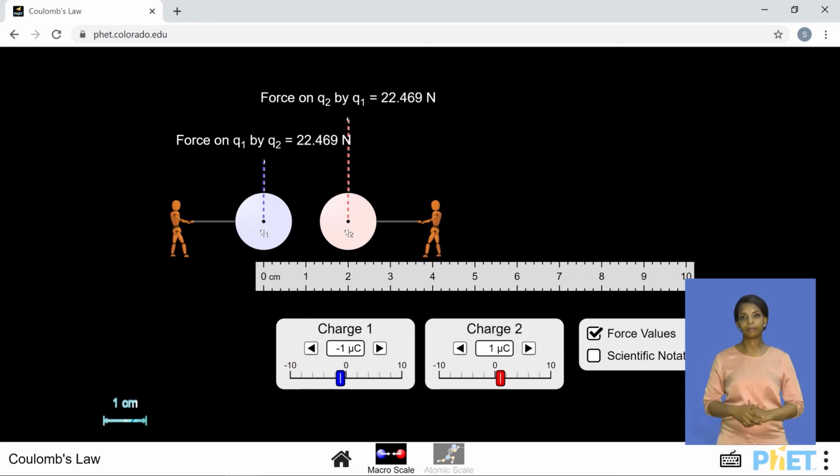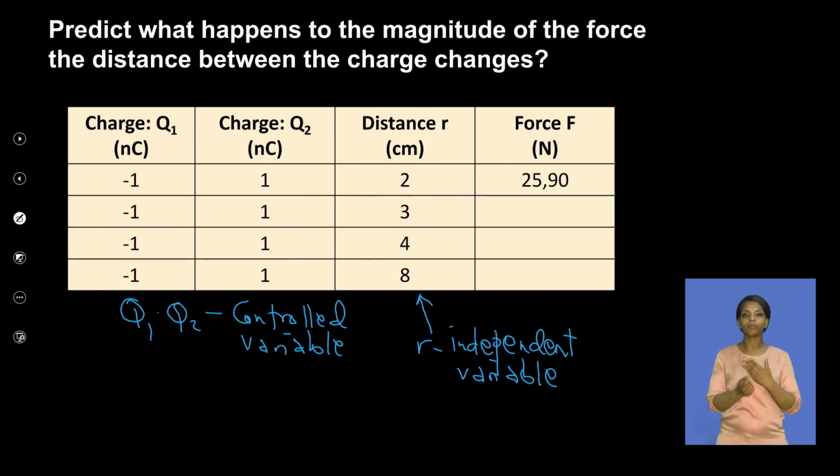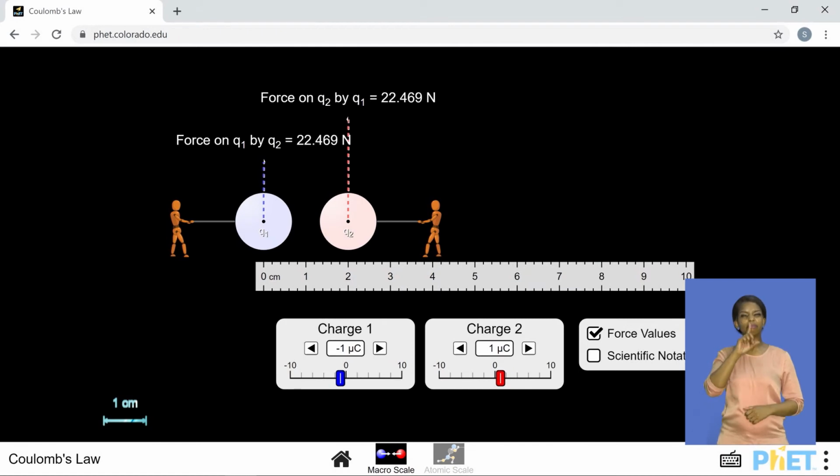If we go back to our table, this is the actual force when the distance is 2 centimeters. And then when we increase the distance between them to 3 centimeters, let's see exactly what happens. So the force is affected by distance, okay?